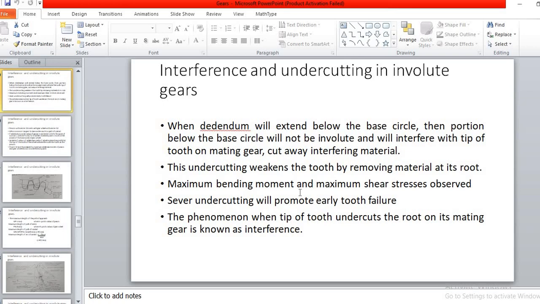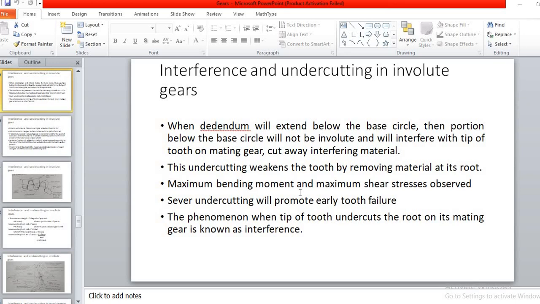And as that profile doesn't remain an involute, as the dedendum circle extends beyond the base circle, the profile should not remain involute.